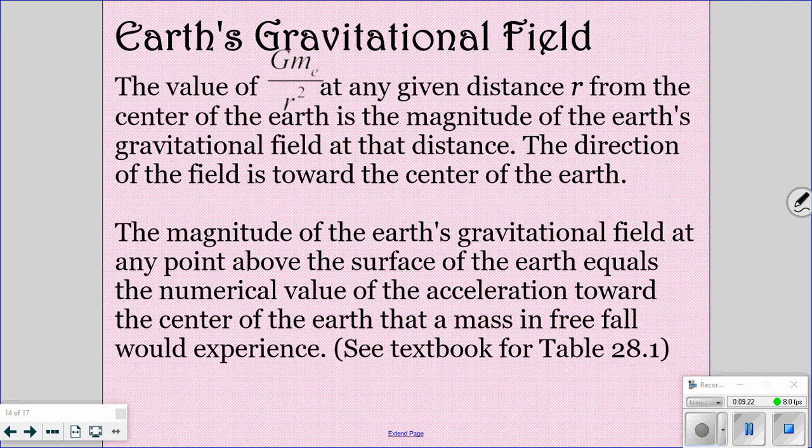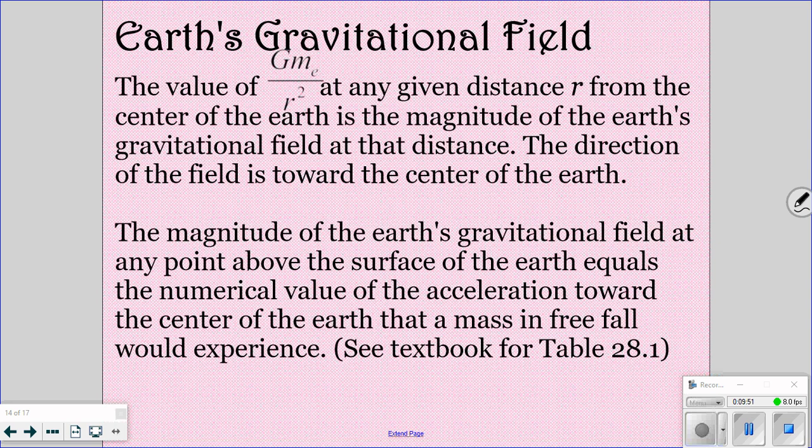Your magnitude of your Earth's gravitational field at any point above the surface equals the numerical value of the acceleration towards the center of the Earth that a mass in free fall would experience. And they give you a table, 28.1 on page 173. If you are 0 kilometers away from the surface of the Earth, so if you're on the surface of the Earth, the acceleration due to gravity is 9.81.